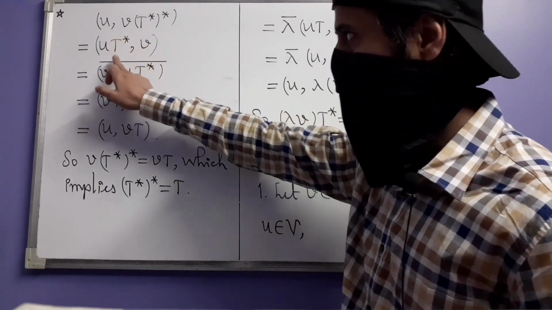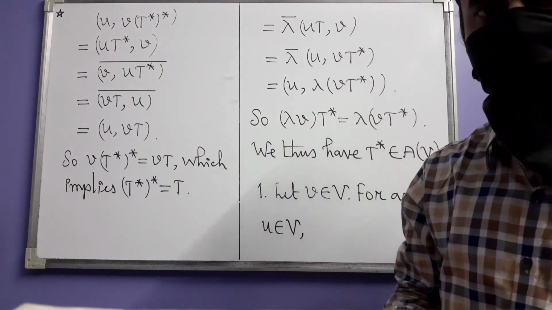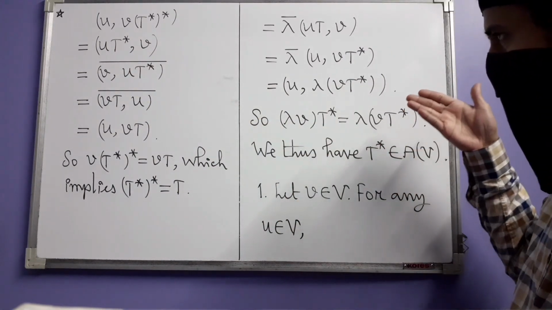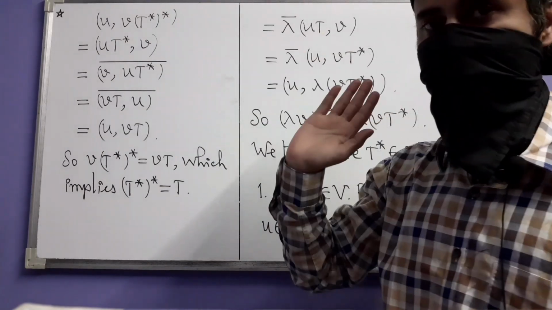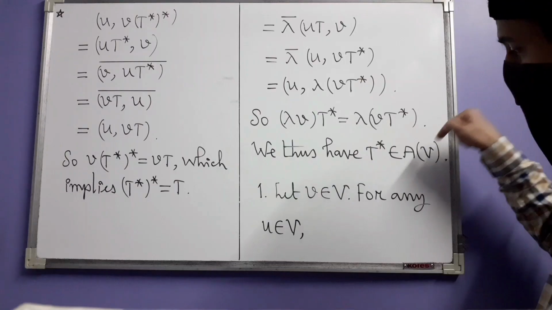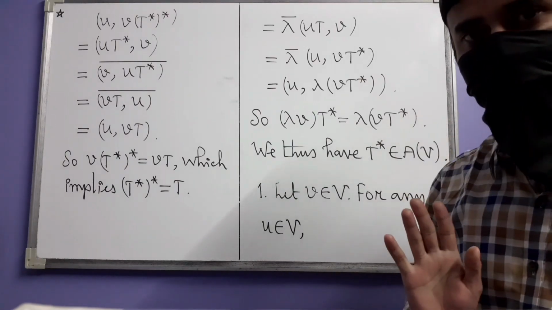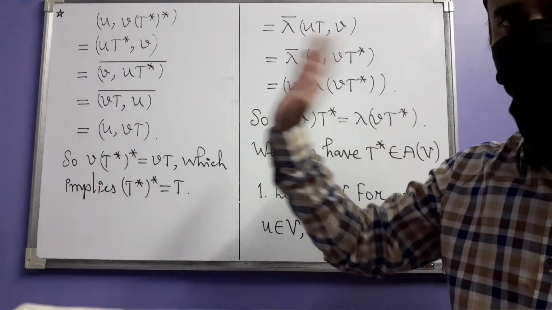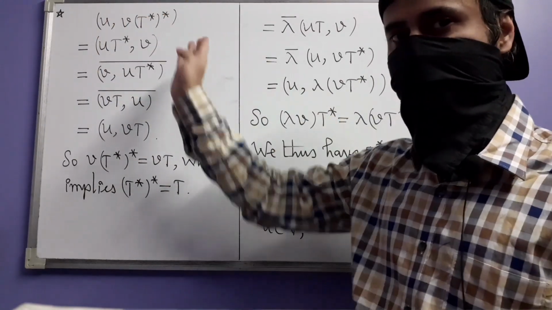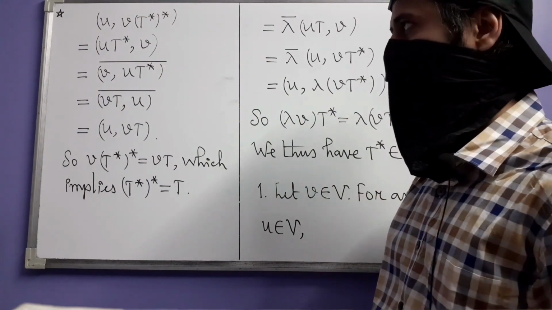You treat this T star itself as an operator. Note one thing carefully, that we are able to do this because we know that T star is itself also in A of V, just like we have T in A of V. That is why we are able to transfer it like that.